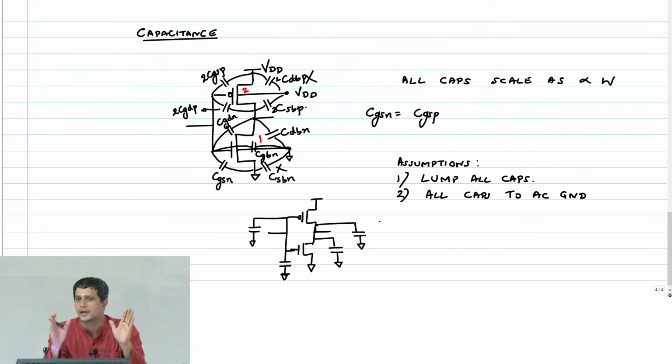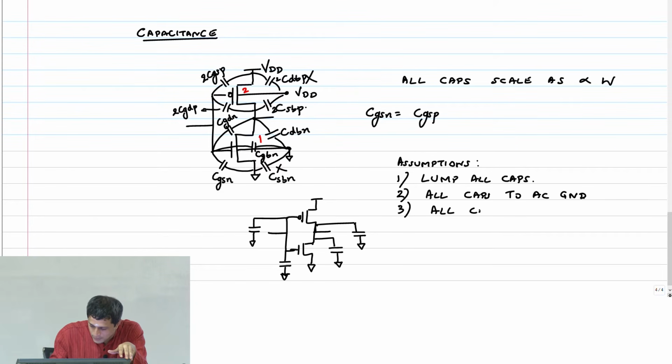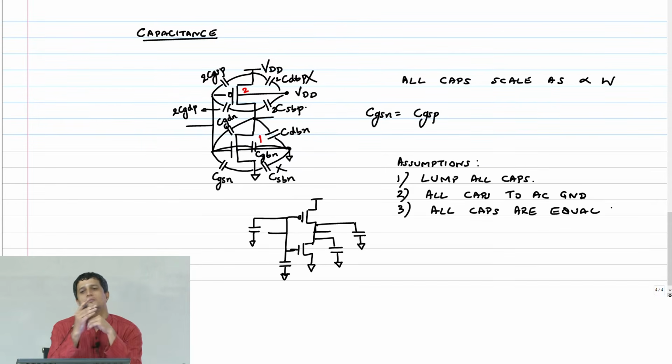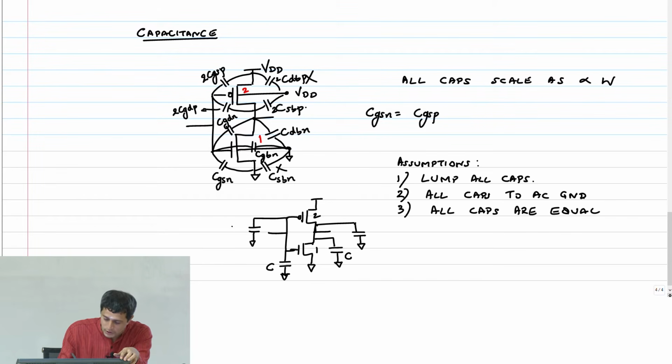You go back and look at the calculations that you did, the capacitances are not off by a lot. So the third assumption is all caps are equal, which implies this is C, this is also C. Of course, this is size 1, this is size 2, therefore this is 2C and this is 2C.